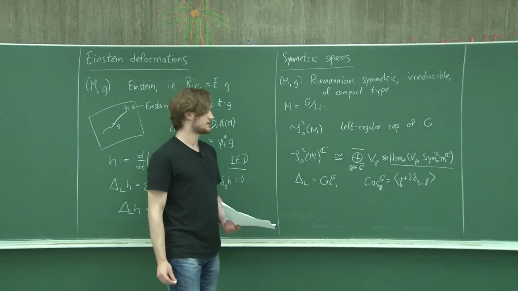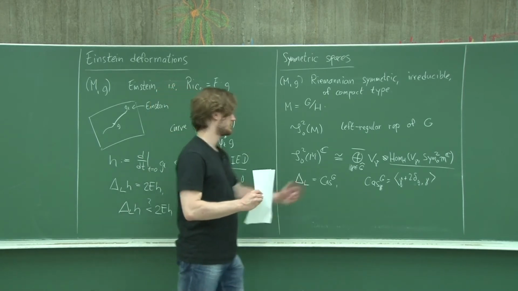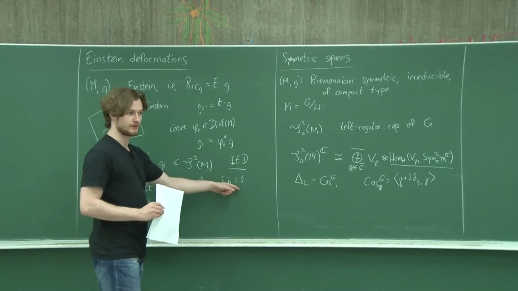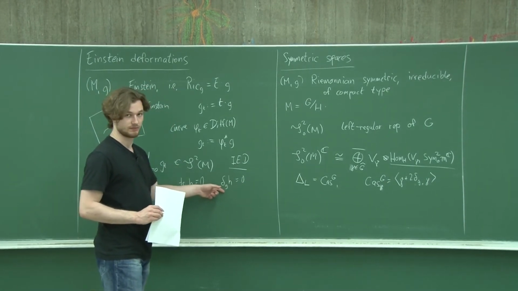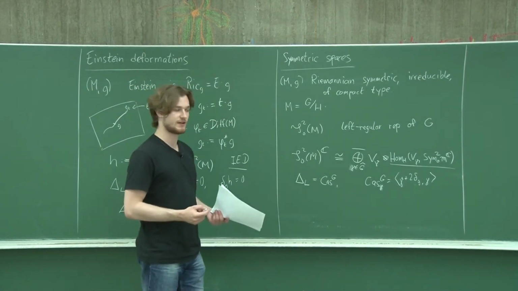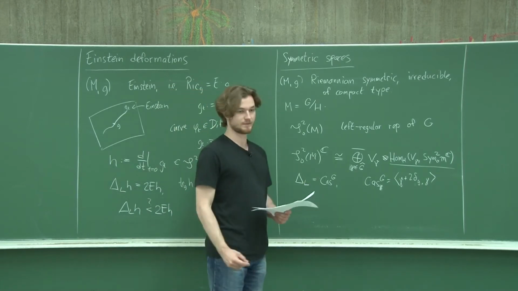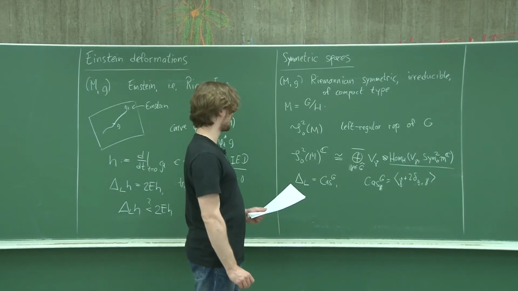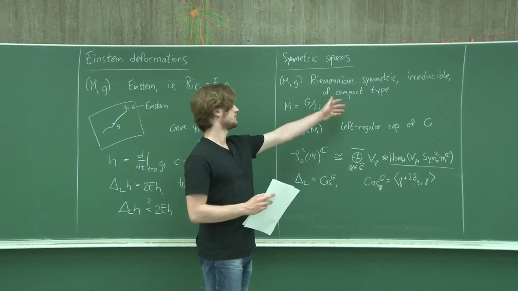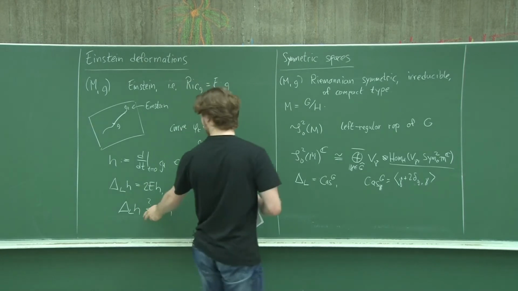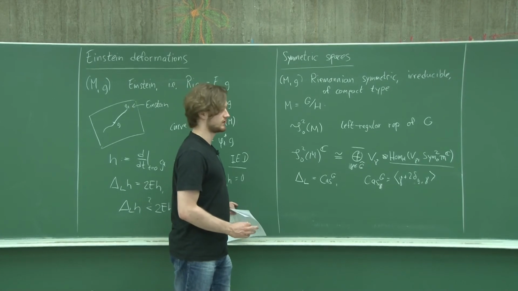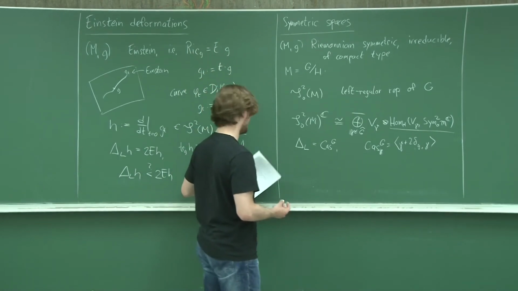Now the more difficult part is to determine which of these summands contain divergence-free elements, because this is the condition that must be met. So we have to do some additional analysis to do that. Okay. I'll give you the upshot of what has happened. Basically, this problem of stability, this eigenvalue problem, has been settled for the irreducible symmetric spaces, and the bulk of the work was done by Koiso in the 1980s.